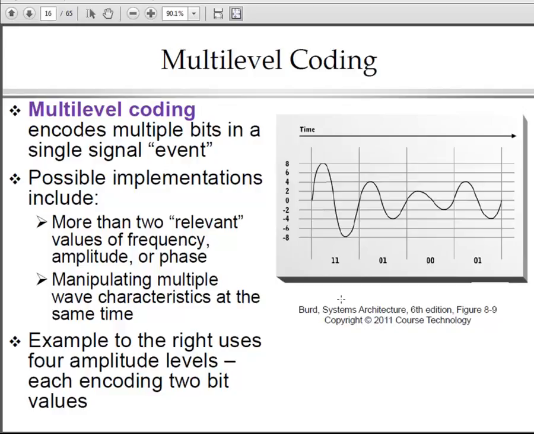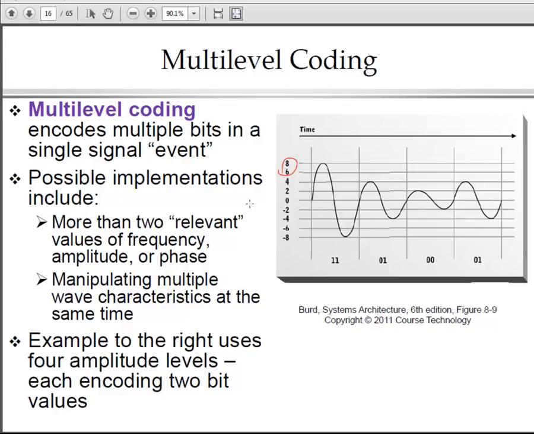The disadvantage was we now only have a difference between relevant voltage values or amplitude values of 2 as opposed to the 9 we had before, and as a result there is greater difficulty at the receiving end in distinguishing between different wave cycles with those various values.